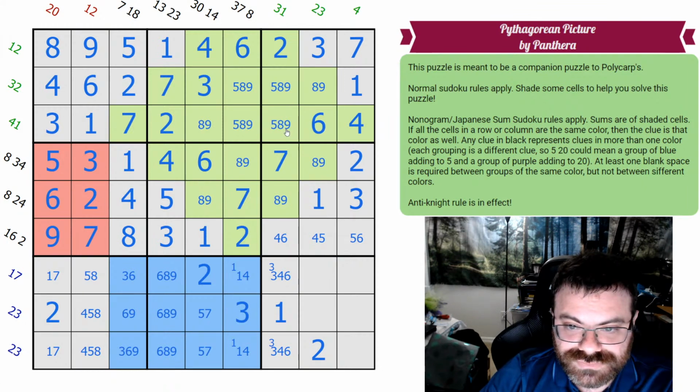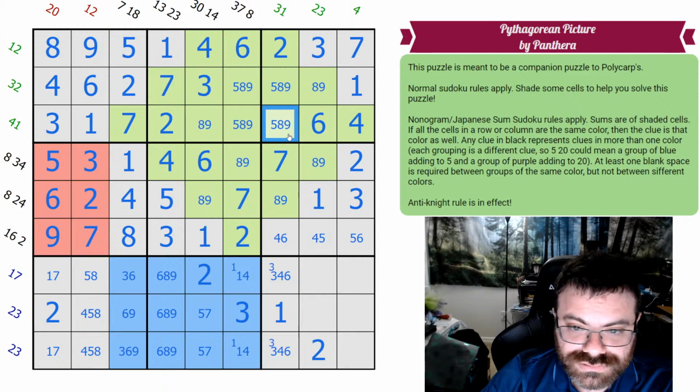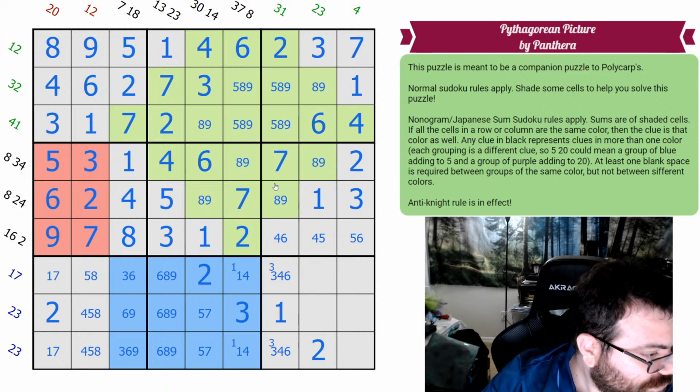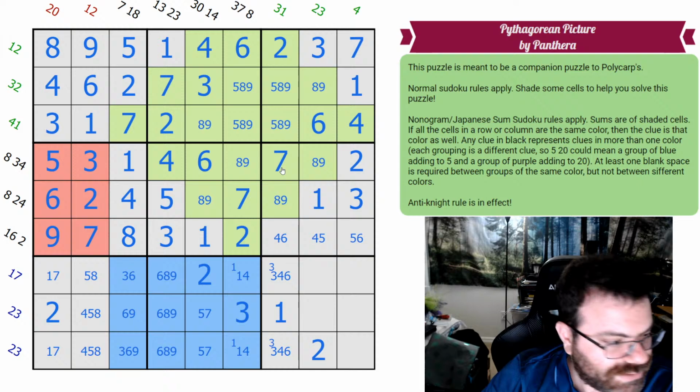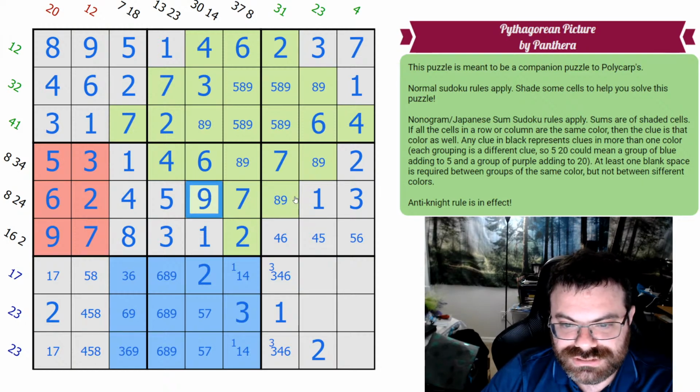Row 4, column 7 is a naked single. What am I doing? Row 4, column 7 is a 7. Oh, we got that. Ah, this 8 sees here. Thank you.